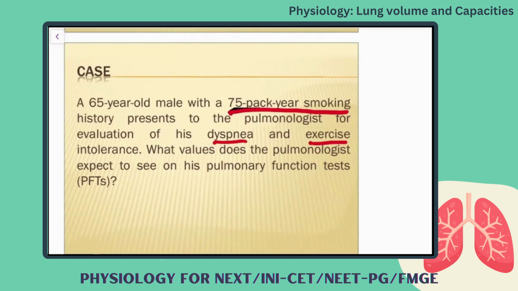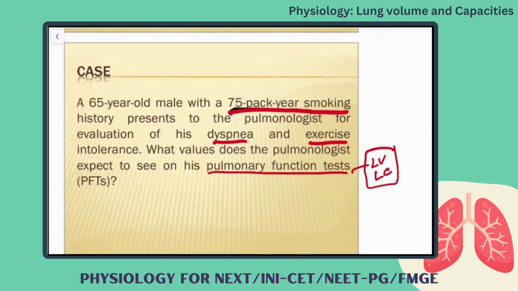And what value does the pulmonologist expect to see in the pulmonary function test? The pulmonary function test will give you the values of lung volumes and capacities. So during exercise, what kind of breathing will you encounter? Is it normal breathing or forced breathing? Forced breathing.